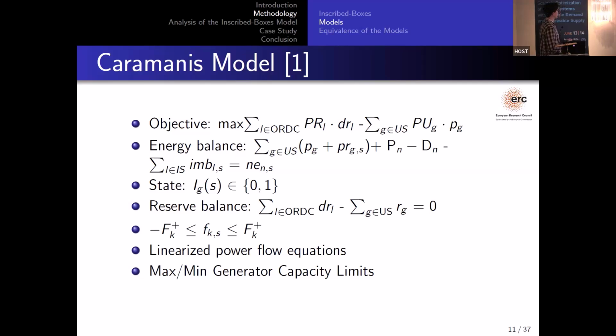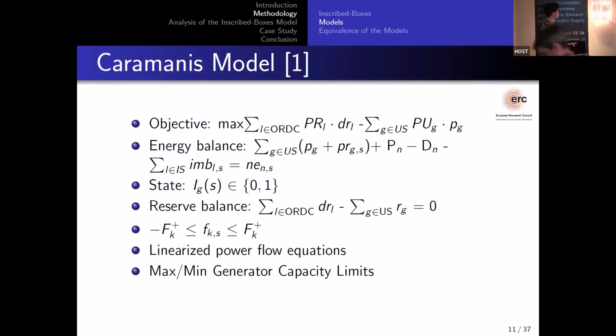In the first summation, we have discretized an ORDC curve with L orders. Each order has a price PRL and the quantity that's cleared TRL. The second summation is the cost of each generator producing energy.